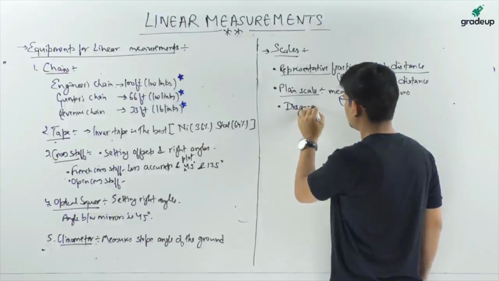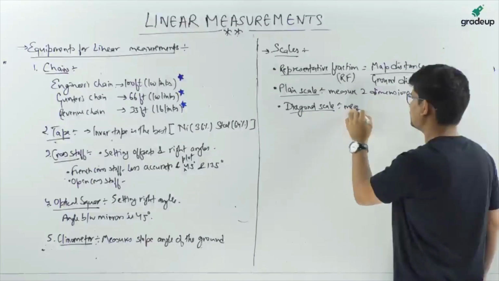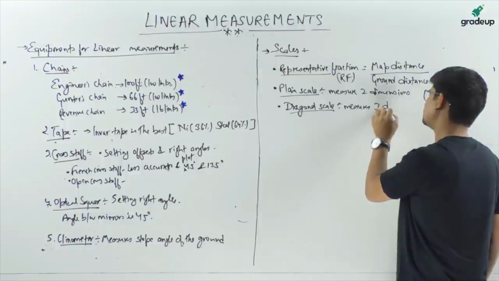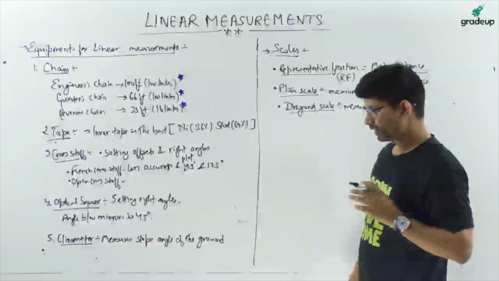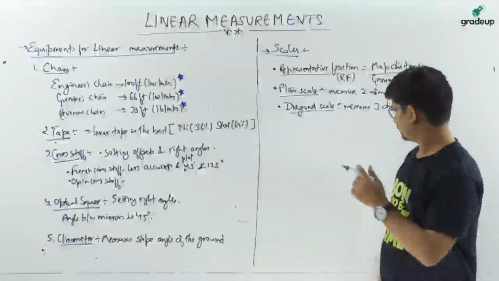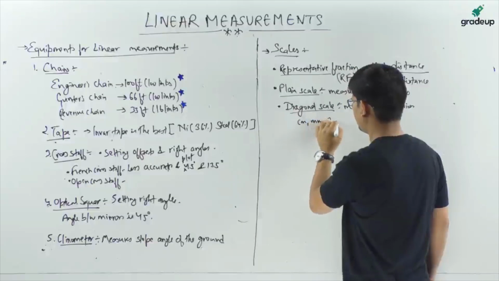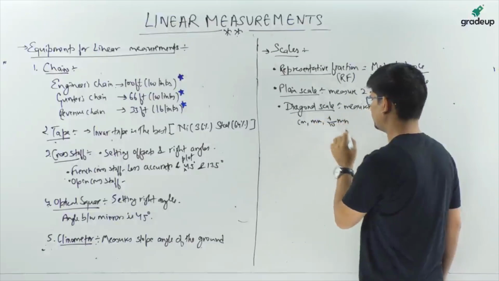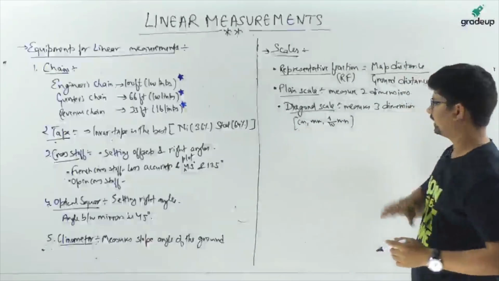In engineering drawing you construct this one, diagonal scale, and the advantage is it measures 3 dimensions. So if you are measuring say decimeter, meter, and centimeter, or you are measuring centimeter, mm, and 1/10 of mm. So like this it measures 3 dimensions.